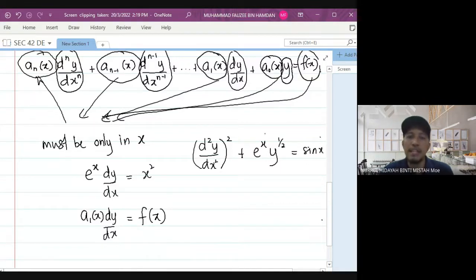This one is non-linear. Why? Because the differential coefficient d to the power of 2y over dx to the power of 2 has power equal to 2, and y also has power of half, not equal to 1. So this is non-linear. This one is linear.